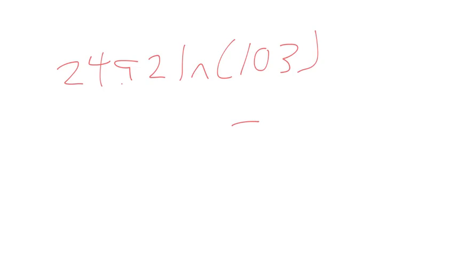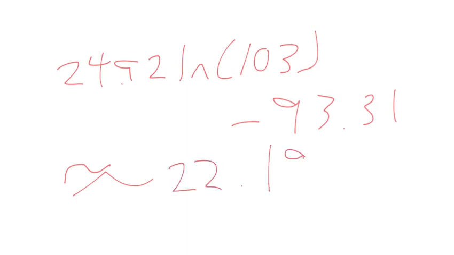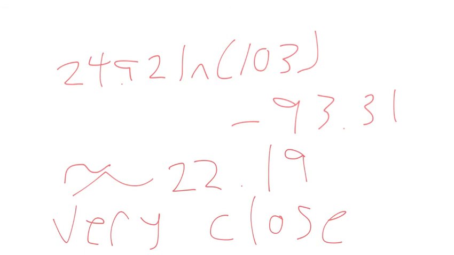So if we plug 103 into our formula, that would be 24.92 times natural log of 103 minus 93.31. So if you type that into your calculator, you should get that the approximate amount would be 22.19 quads. Now this is to compare to the 22.32, so it's very close to the actual amount.